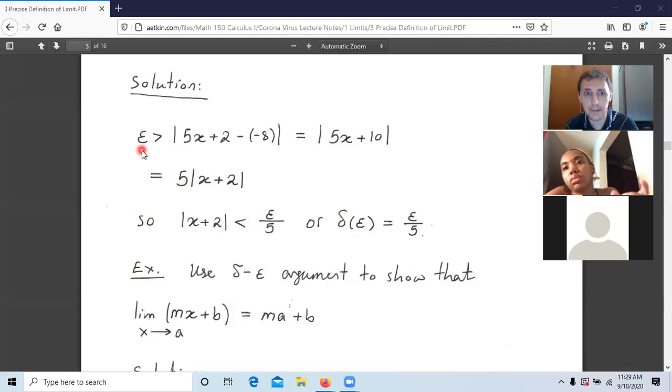Dividing by 5, the distance between x and -2 has to be less than epsilon over 5, which means that the blue pipe has to have radius 1/5 the size of the target pipe. As soon as that happens, the current is entirely exiting from the thin blue pipe and enters the red pipe. You understand?